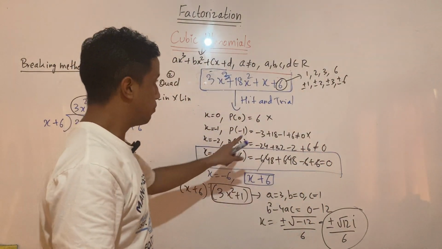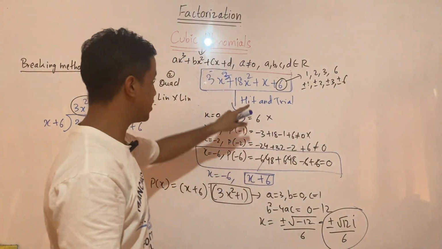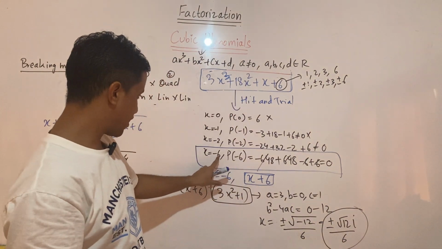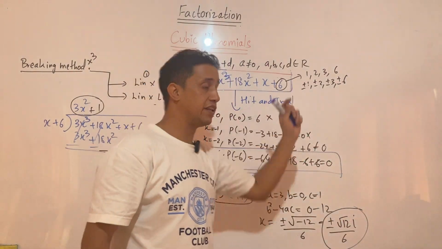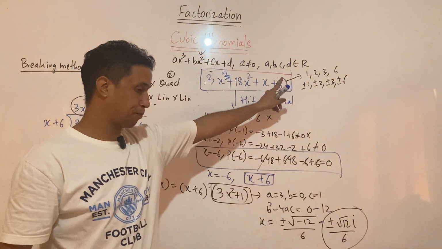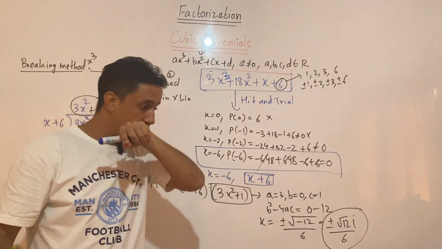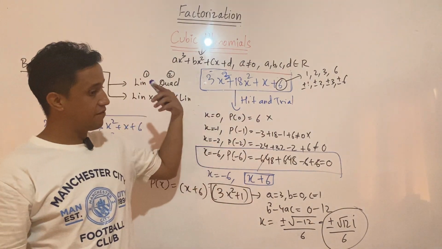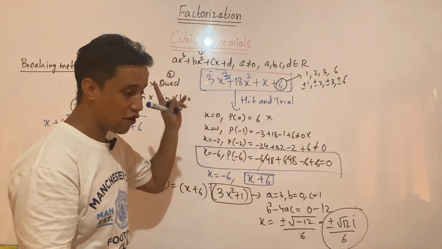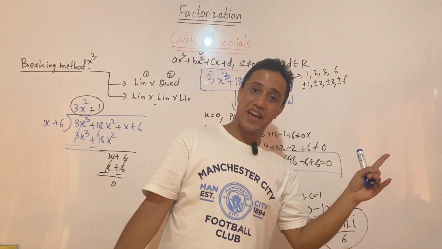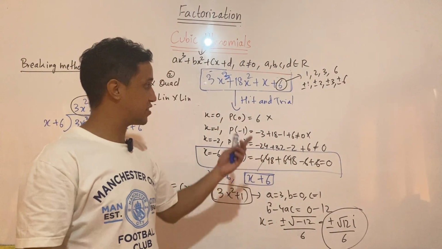And check the value of p(x) for these values of x, both plus and minus. Now see here, my factor is x plus 6, which means minus 6. But it will fail when you have a prime number here, or if you are going to get the value of x in fraction. In that case it will fail, yes, it will fail for sure.